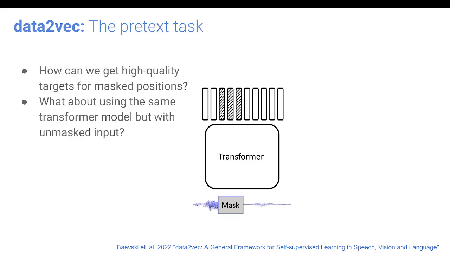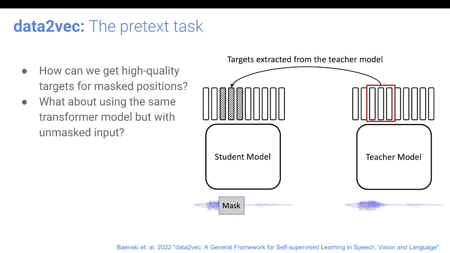The core idea in this approach is, what about using the same transformer model to predict the outputs of this masked position, but using unmasked input? So in a way, you have a teacher mode and a student mode. Let's assume that now they are the same model, with the same weights.